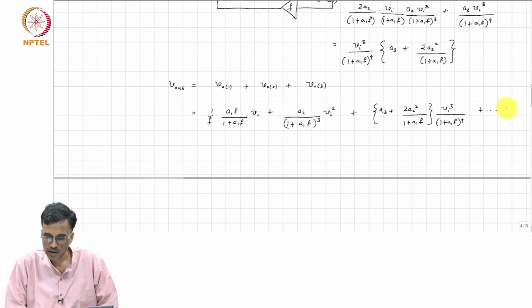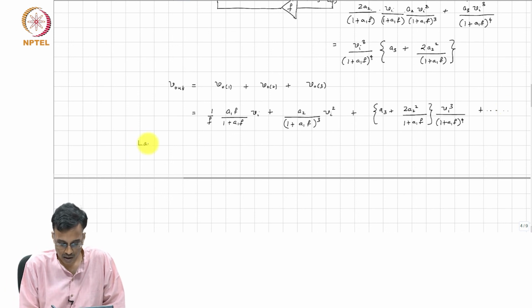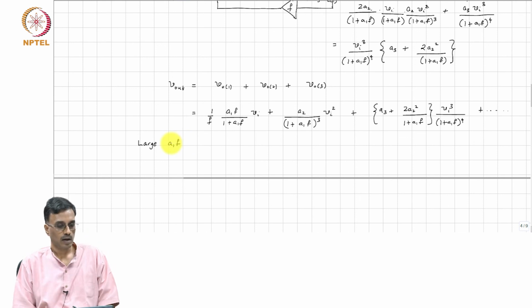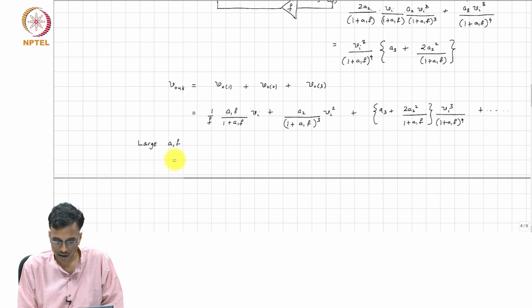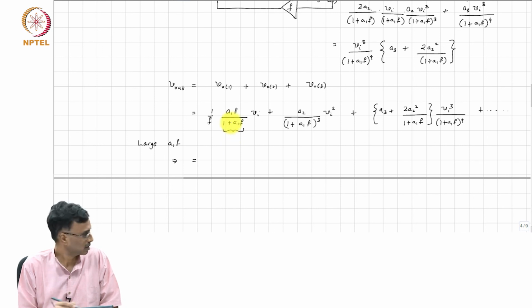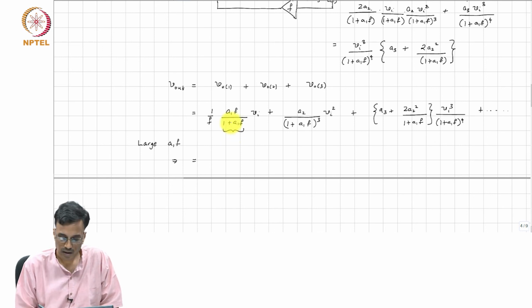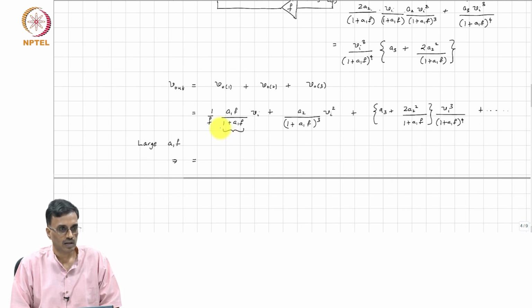Okay. So, for large loop gain, correct? What do you think will happen to this? A1F is very large. What comment can you make about A1F by 1 plus A1F? That is 1, right?